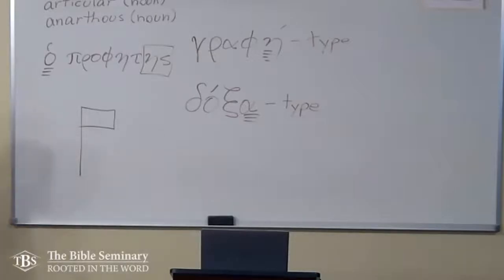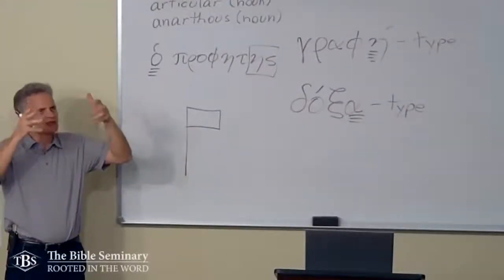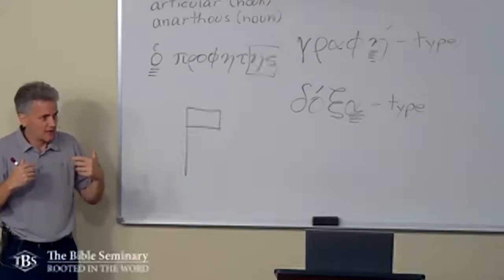Articular means it has an article with it. Whenever the Greek writer wants it this way, and it's usually according to his knowledge of the Greek language and how it works and whether it's best to have an article or not, he or she has the opportunity not to include an article with a noun.